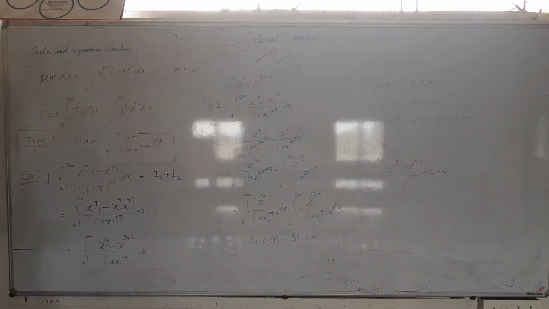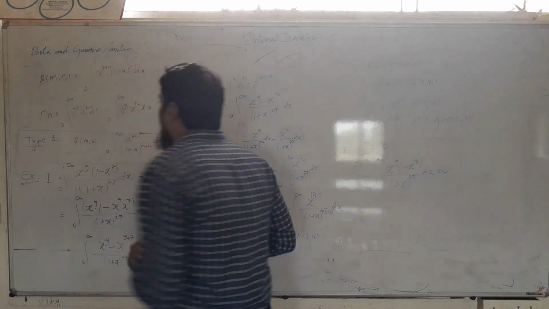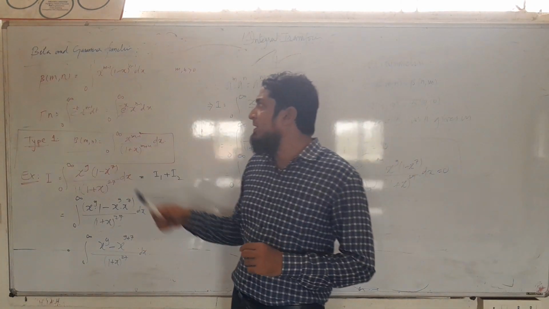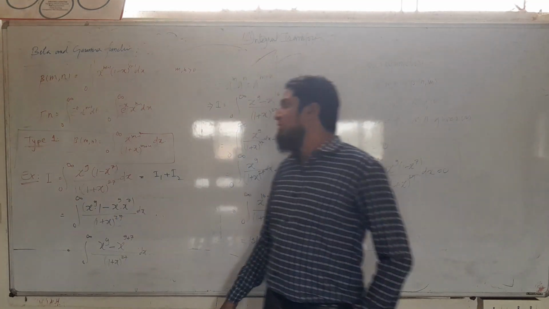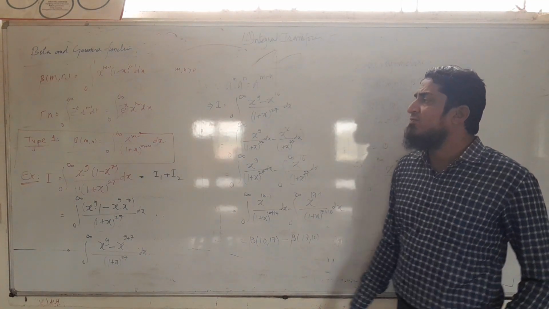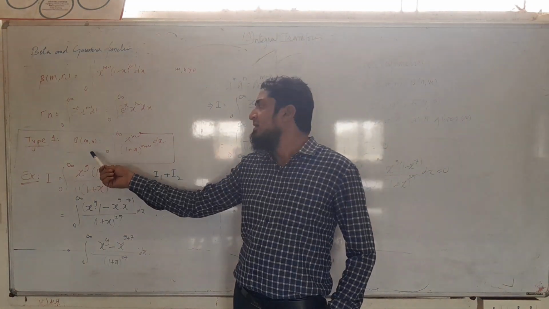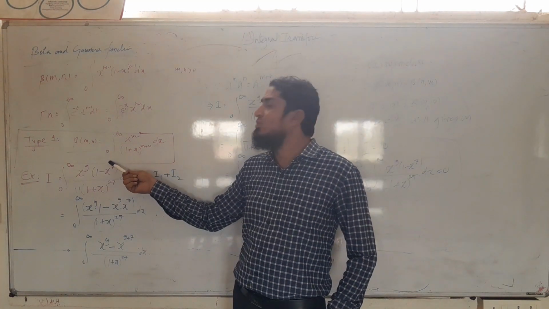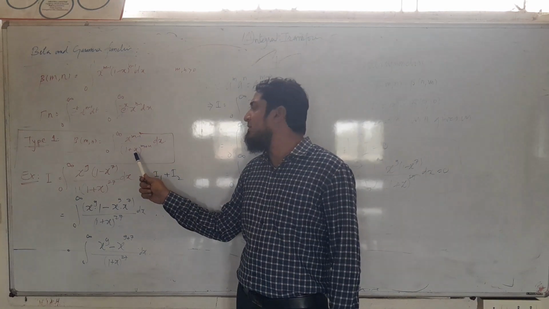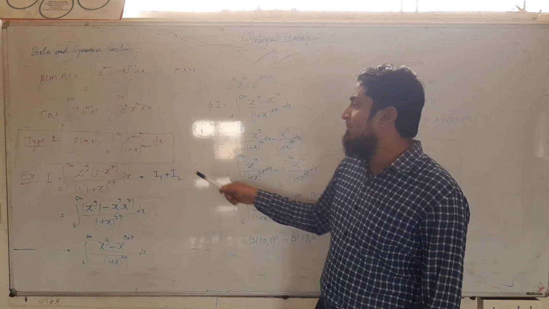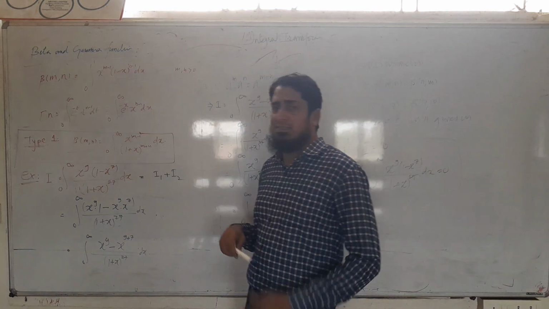In this section we are studying the application of the beta function, especially the type 1 form, in which we have the beta m, n function defined as integration from 0 to infinity x raised to m minus 1 over (1 plus x) raised to m plus n dx.